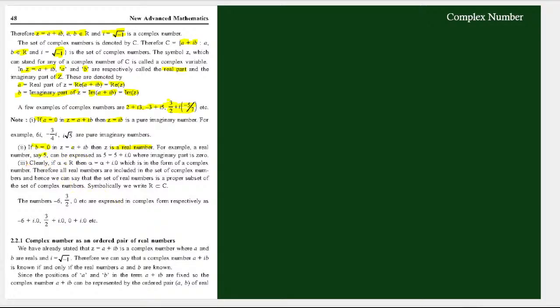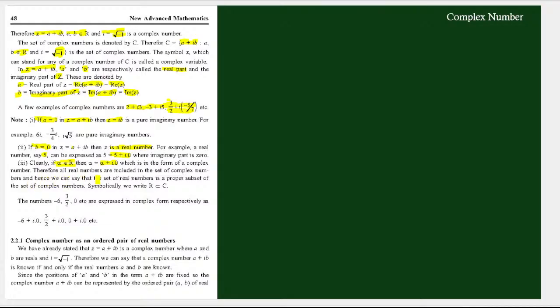So this real number 5 can be expressed as what? 5 plus i into 0, no imaginary part. Clearly, if a belongs to real, a equal to a plus i0, no imaginary, which is the form of a complex number, then all real numbers are included in the set of complex numbers. So whatever real numbers are there, they will all come in complex numbers.